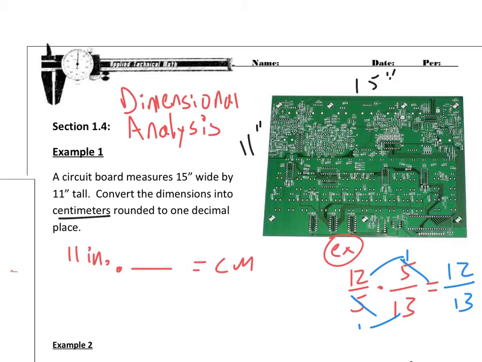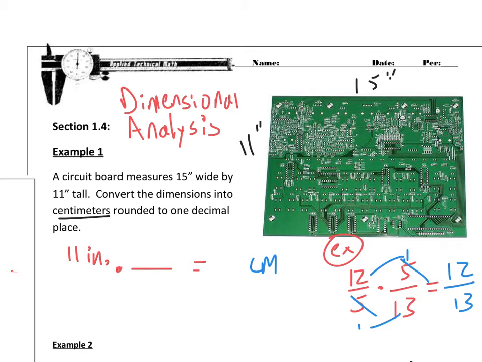We want to end up with centimeters, so we want our answer to be in centimeters. I like to write this out. We're going to multiply by a conversion factor. This is a fraction, and I want to end up with centimeters. I like to put this out here to remind myself that's what I want to end up with.